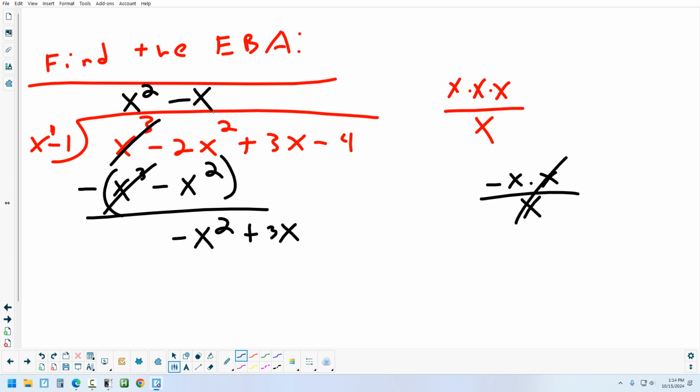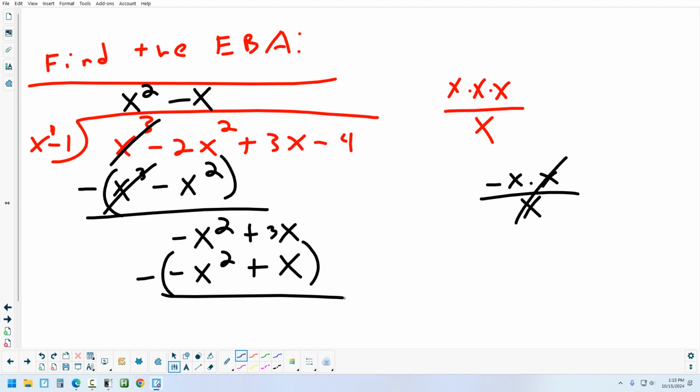Okay, multiply this back out. What's negative x times positive x? Negative x squared. And what's negative x times negative 1? 1x. And what do we do with the columns? Subtract.